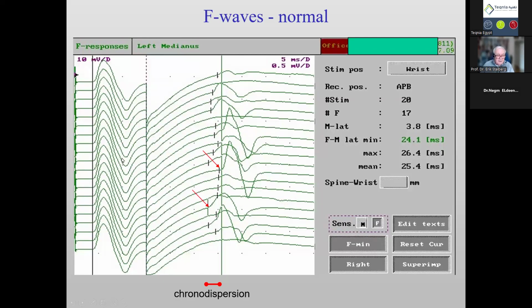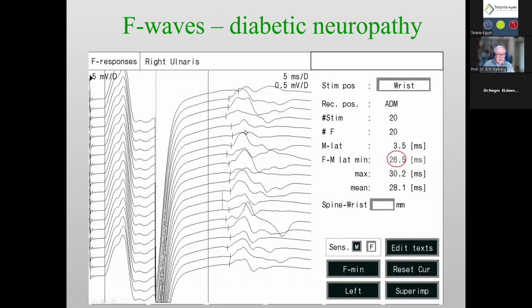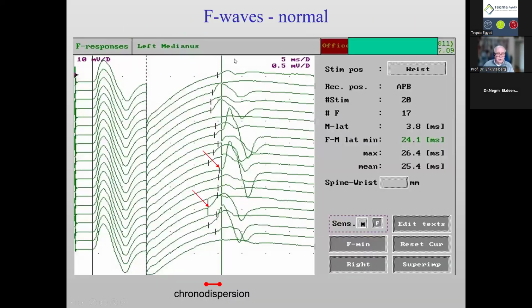We take the F response time from start to F response minus this M time, the distal latency, and then we get the time from the wrist up and down to the wrist again, because we have subtracted the distal part. And this is the normal reference.